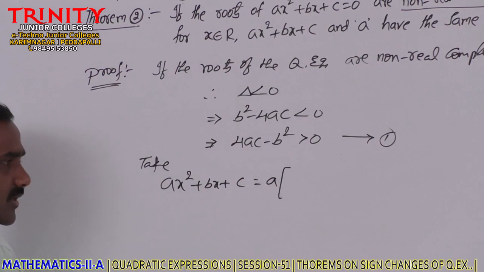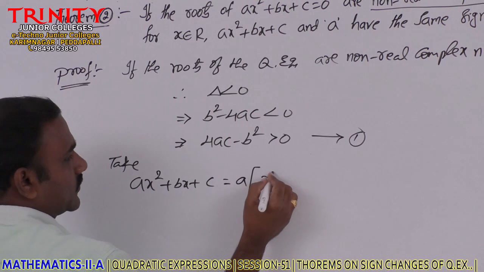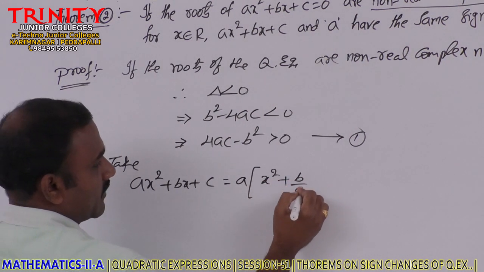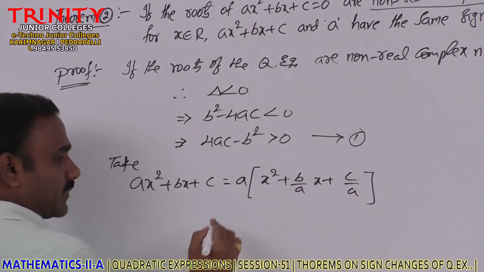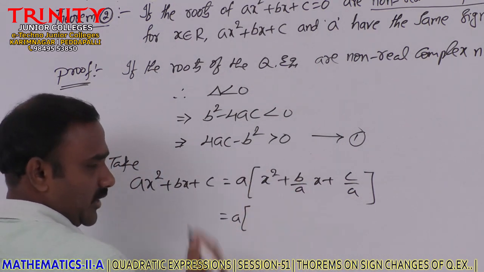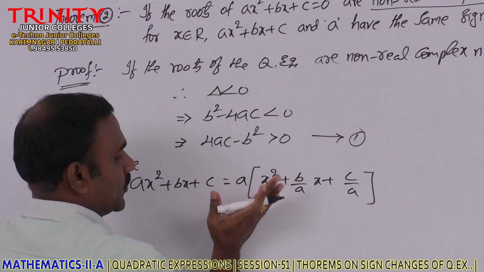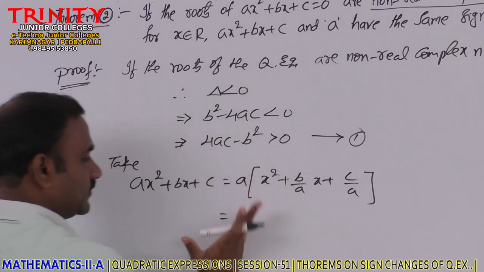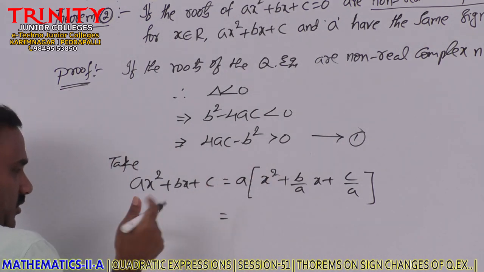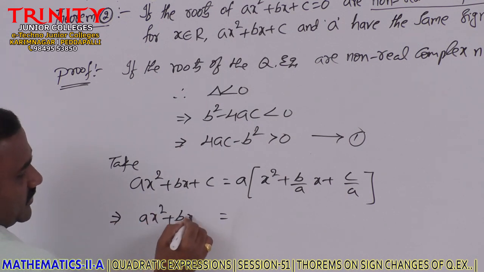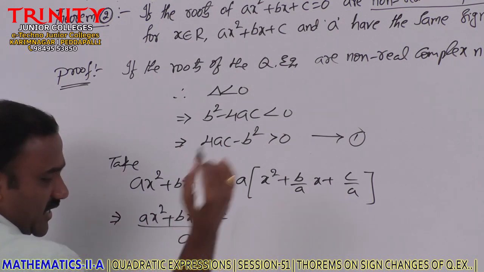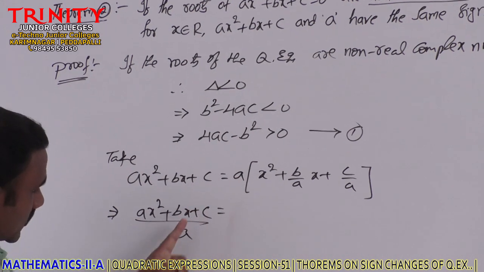Take a as common: a into x square plus b by a into x plus c by a. Or you may write this as ax square plus bx plus c divided by a, I am taking the a to the denominator.